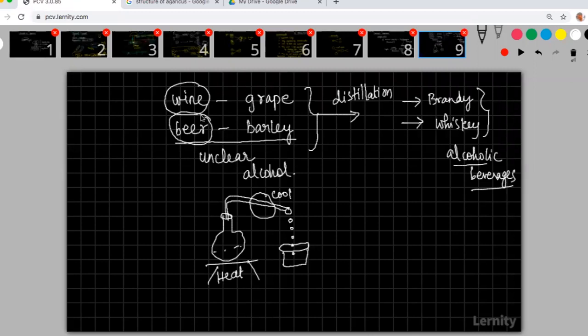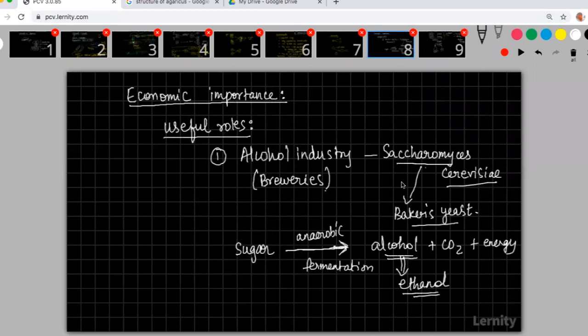So based on the base that you change, the type of alcohol will change. That is the basic difference between alcohols. The alcohol industry heavily depends on fungi. More specifically, it will use Saccharomyces cerevisiae.